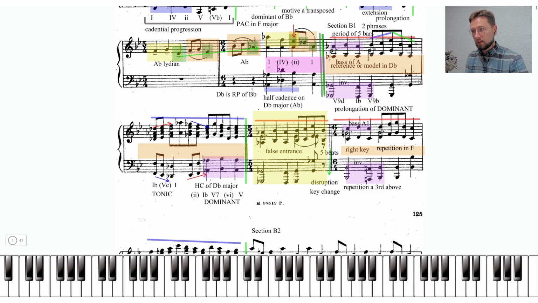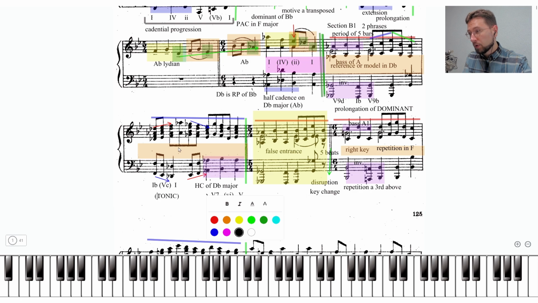Now we have tonic, dominant. And by doing dominant, tonic, dominant, in reality, all we do is we just stand on the dominant and we have this tonic rather as some sort of neighbor tone.